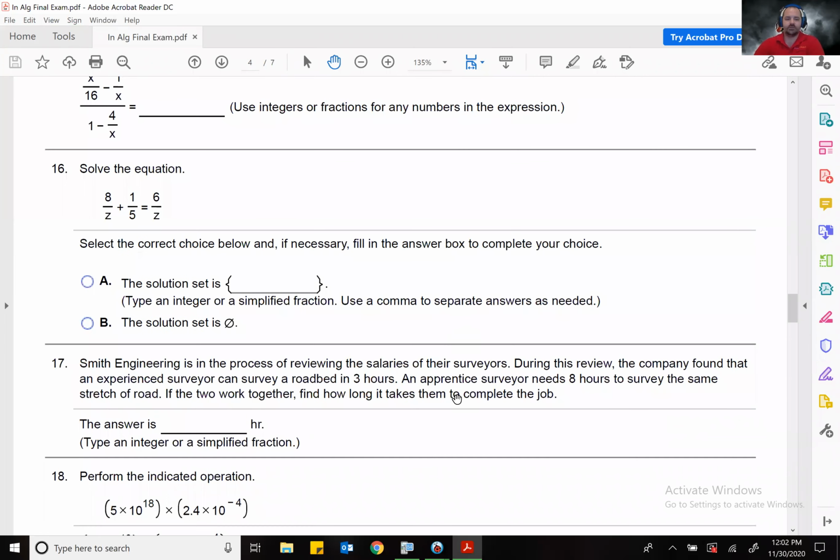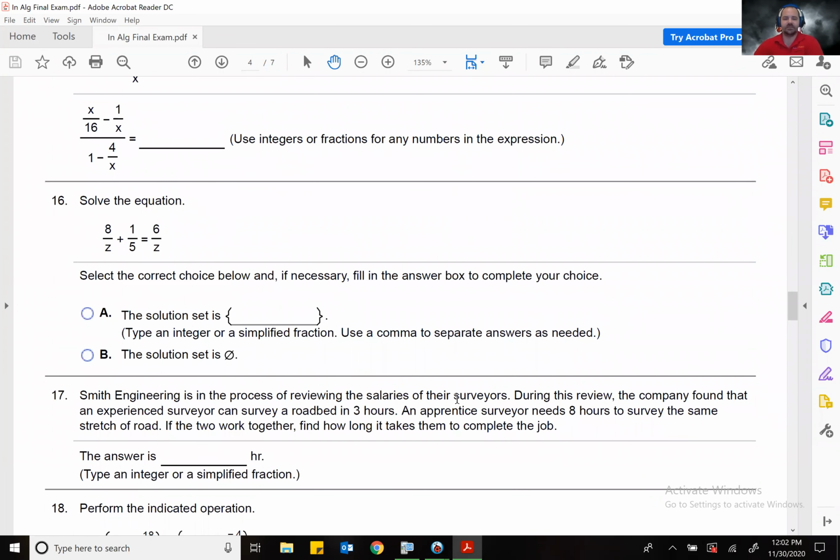All right. All of our favorite piece right here. Solve the equation. And that is a z that is down there. So how are we going to solve this rational equation?